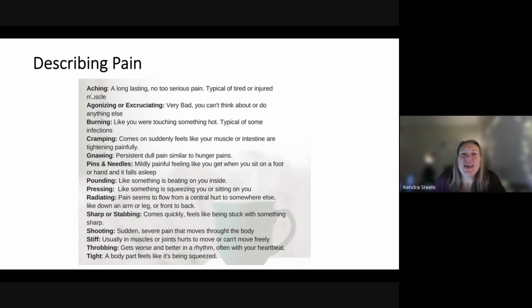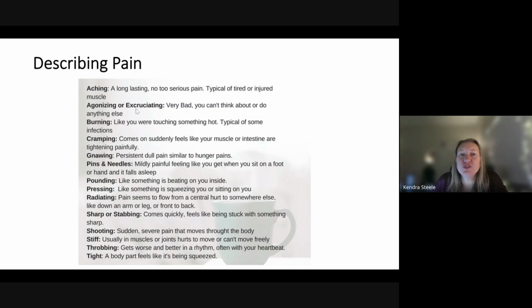So first we have aching, a long-lasting, not too serious pain, typical of tired or injured muscle. Okay. So if something aches, it means that there is a general pain, a little bit of a pressure. It feels sore. Okay. You just need to stretch it, but you are okay.